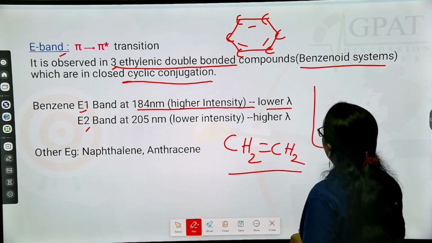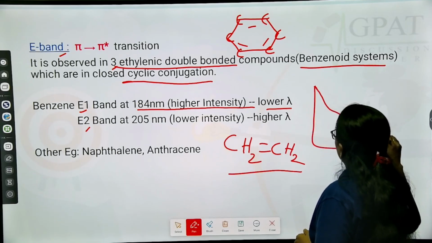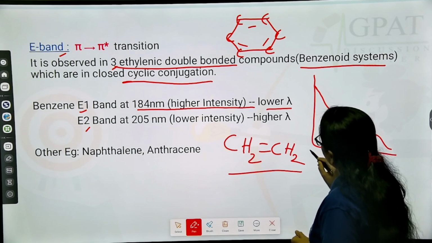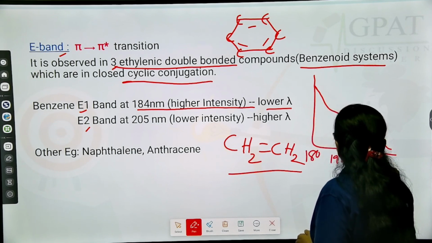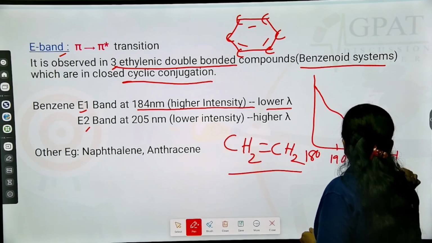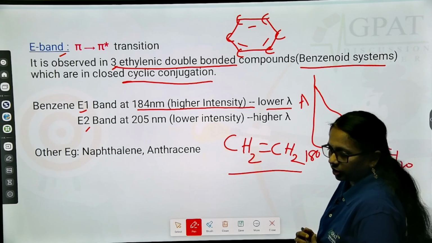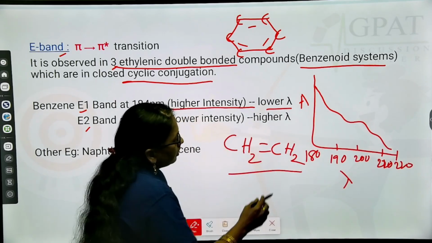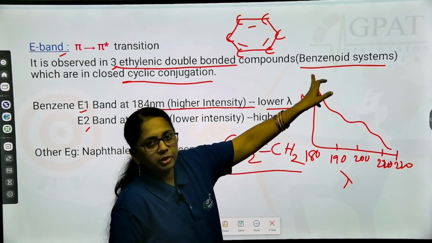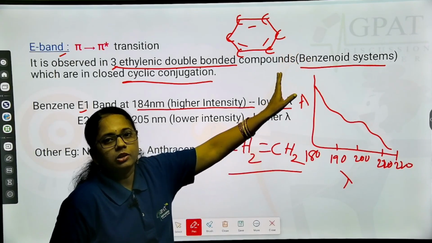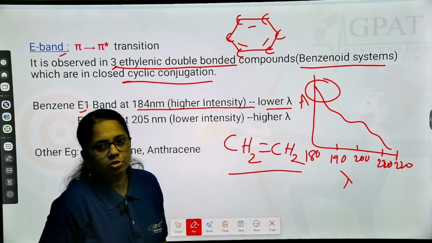That's why for some compounds the spectrum looks like this: at the starting itself, around 180, 190, 200, 210, 220, if you take wavelength on the x-axis and absorbance on the y-axis, then in some compounds the peak comes directly from the highest scale value.